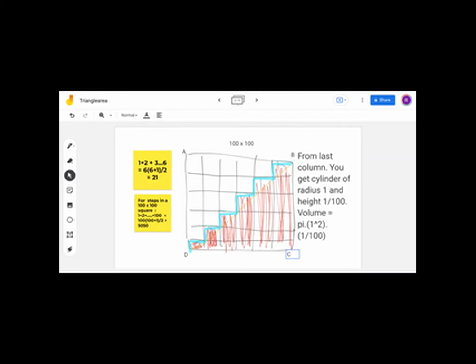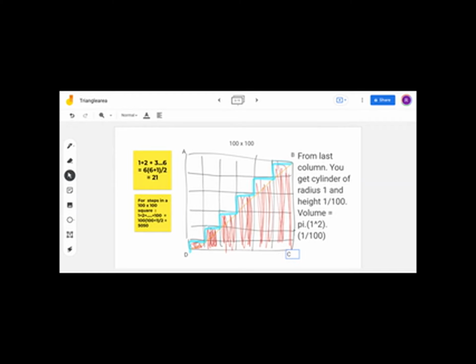Okay. Now, can someone tell me how you will get the approximate volume of the cone from this? What will you do? You'll add up the volume of each of these very thin cylinders.